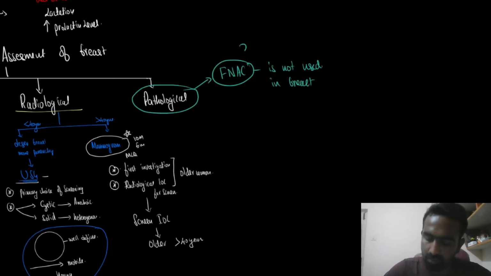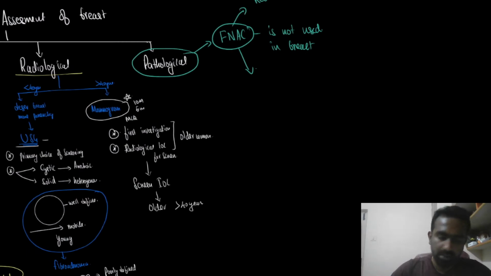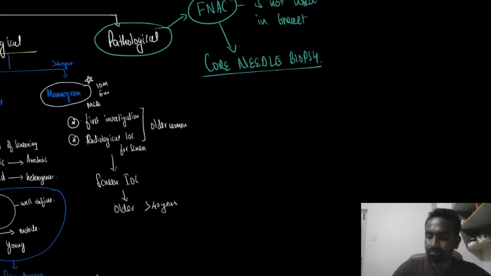FNAC is useful only in recurrence lesions, to know whether it is recurrent. Okay, the diagnostic or pathological investigation of choice is core needle biopsy, which is also called true cut biopsy.